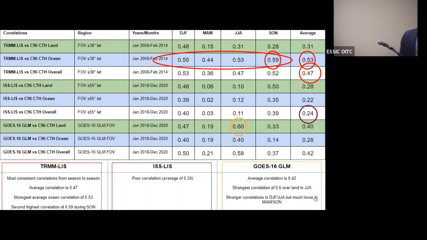Yes, on the first point, I read a paper recently by, I think, Zhang, where he used the GLM flash extent density and compared that to cloud top height from the GOES ABI product.